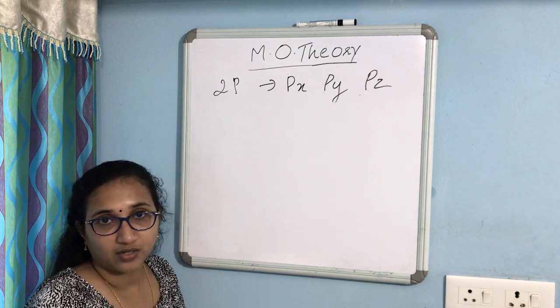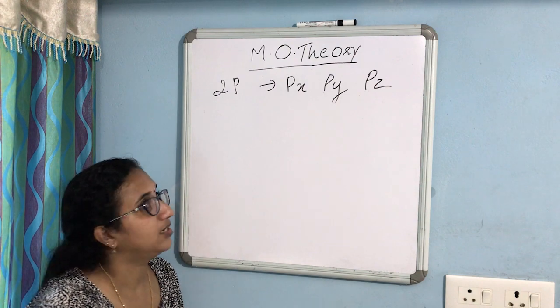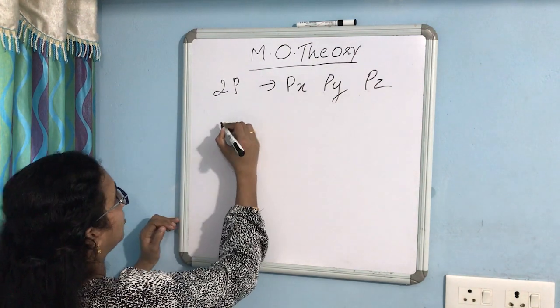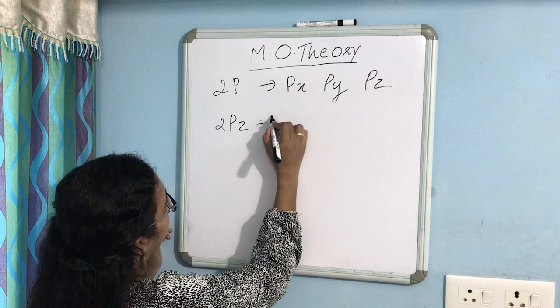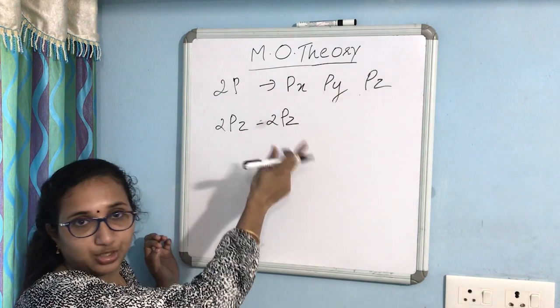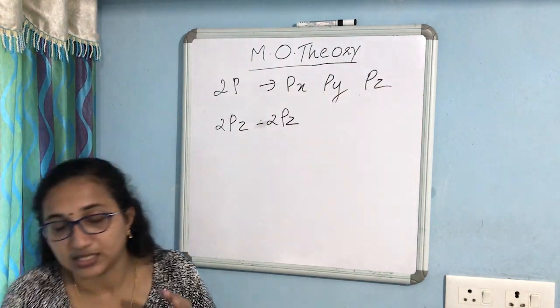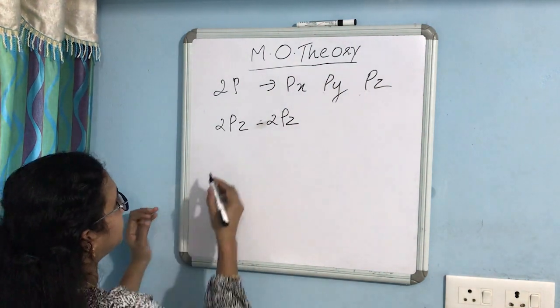One will form sigma bond, whereas the other 2 atomic orbitals form pi bonds. So first of all, let's take the combination of 2pz atomic orbitals. So 2pz atomic orbitals combine to give 2 molecular orbitals. That will be sigma 2pz and sigma star 2pz.